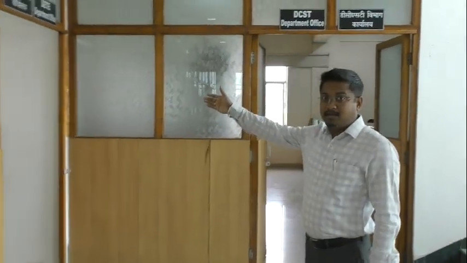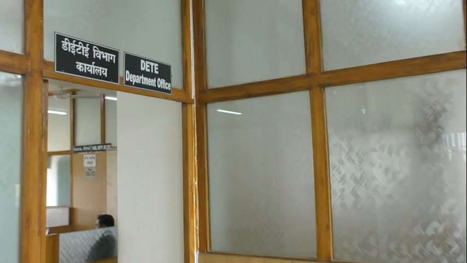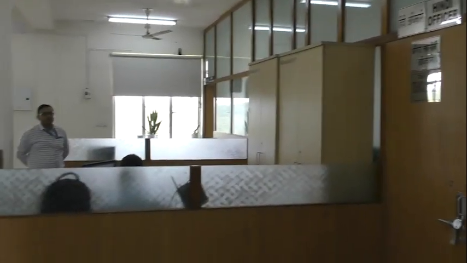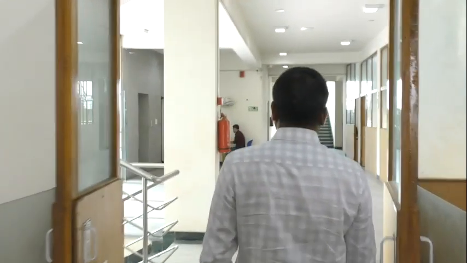These are the Department of Computer Science and Department of Electronics offices. There are facilities for placement and HOD rooms. Sitting area of our faculties. This is the end of our first floor of the admin block.